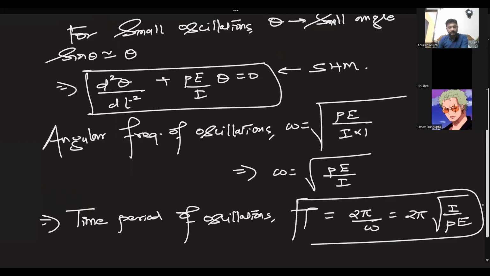Okay. So if a dipole is placed in a uniform external field and displaced, it will oscillate with this much time period. Clear?